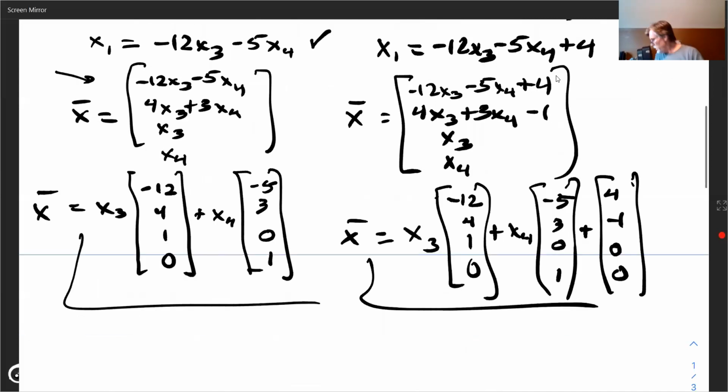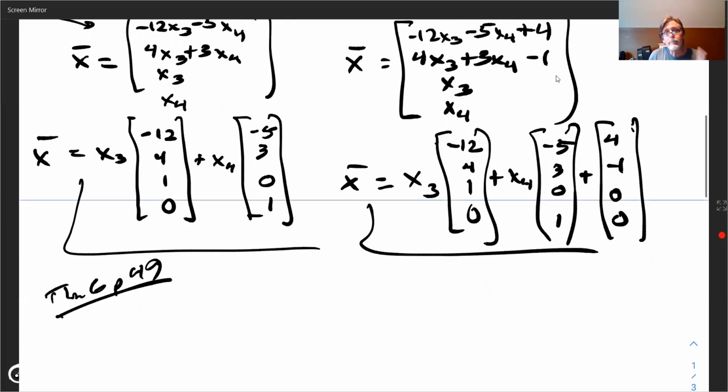Because when you take a look at the theorem, let me see if I can find it in the book. Where am I? 1.5. I was just there. Theorem 6 on page 49. So theorem 6, page 49.